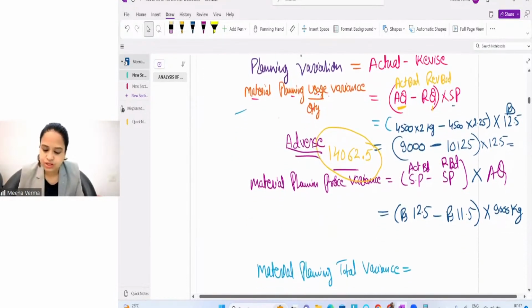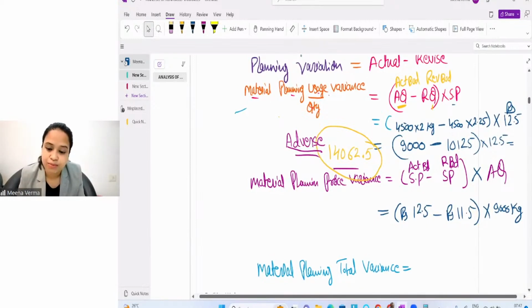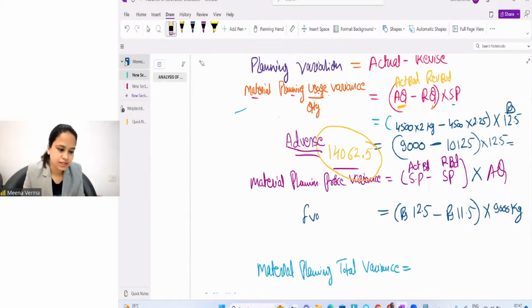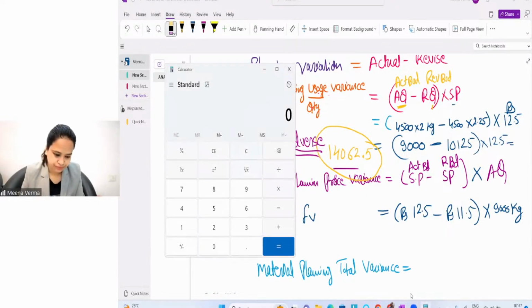From this, you can calculate the price variation. पहले आप बोल रहे थे ज़्यादा price है, बाद में कम का मिल गया. So this is a favorable variation. It is a good variation because initially you were saying that raw material will be expensive, but later on raw material was cheap. So it's a favorable variation. 12.5 minus 11.5. Okay, so this will be 9,000.